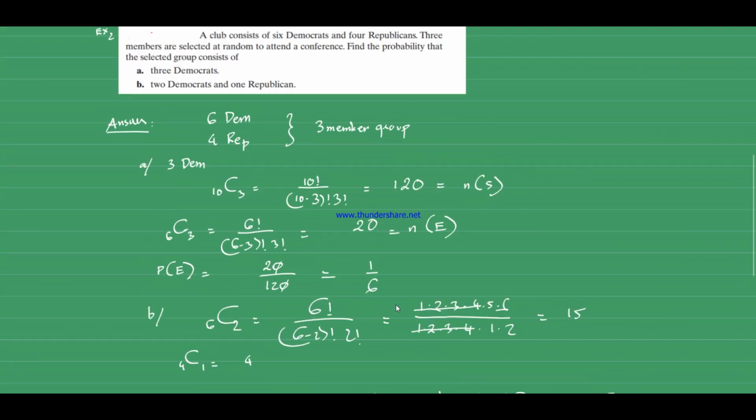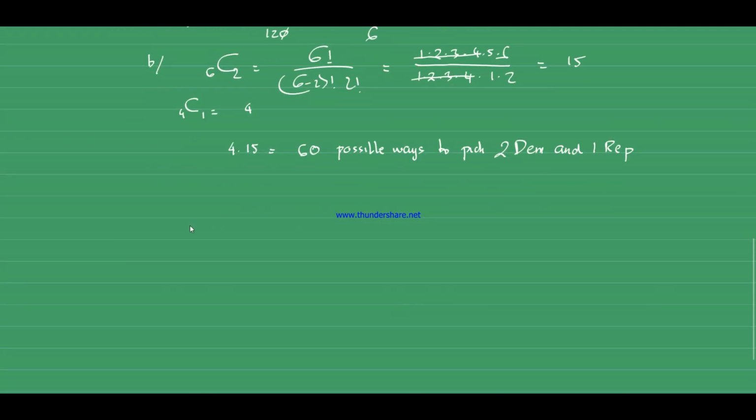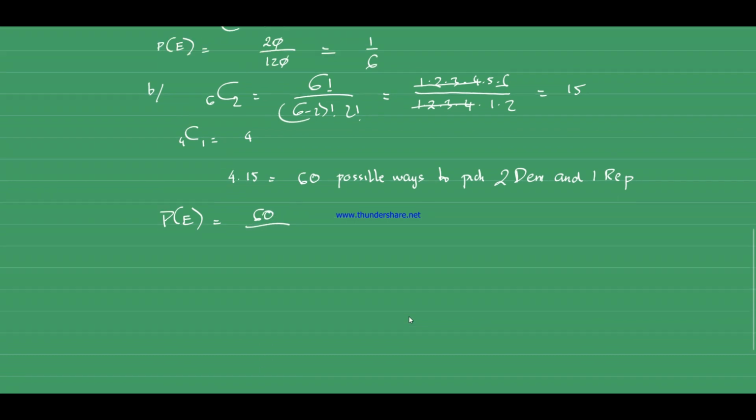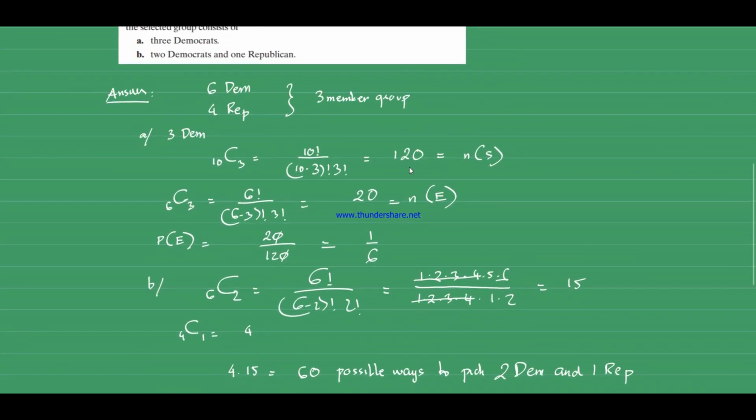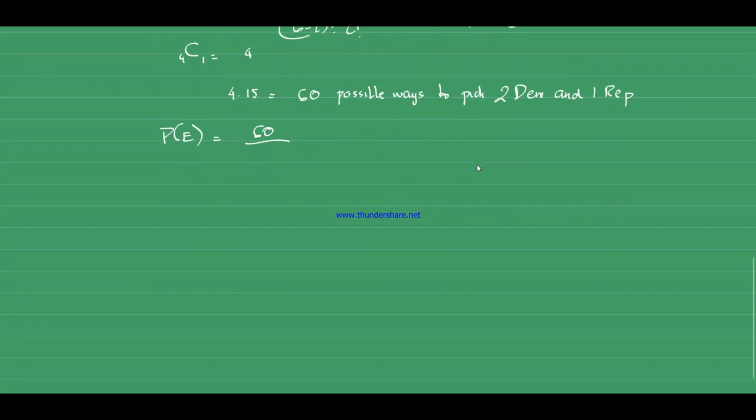Now we have 1 group only. So the probability in this case will be 60 over 120. This is the sample space, 120.